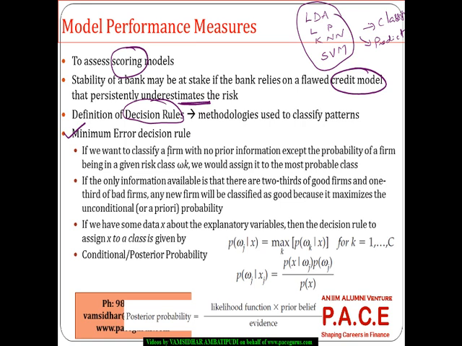Look at this scenario. If I want to classify a firm where I really don't have any information, except that the probability that a firm will go into class W1 or class WK is known, the best way to assign a new risk is to the most probable class, whichever has the highest probability.